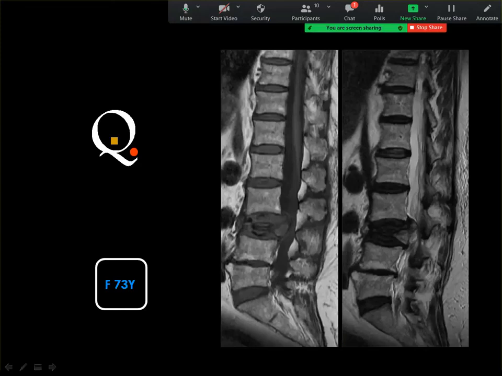This is the first case of a female patient, 73 years old, who presented with low back pain. This is the MRI of the lumbar spine, T1 and T2.